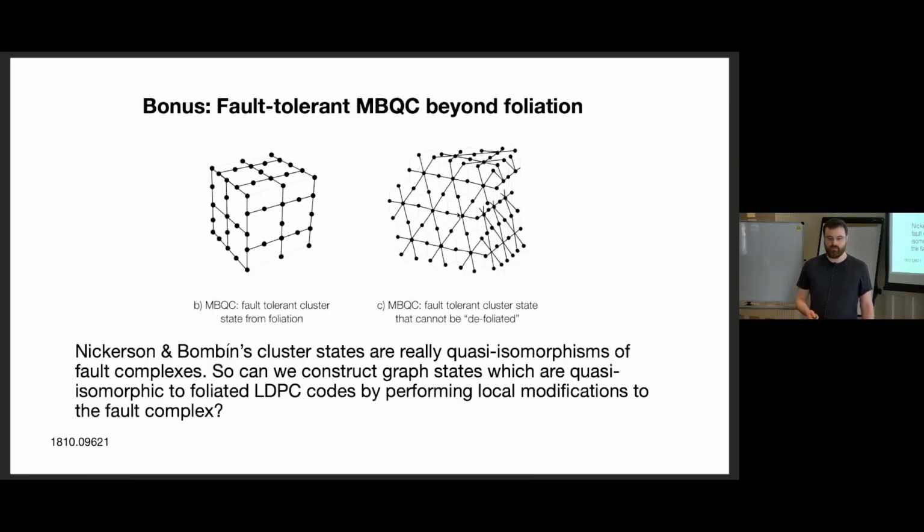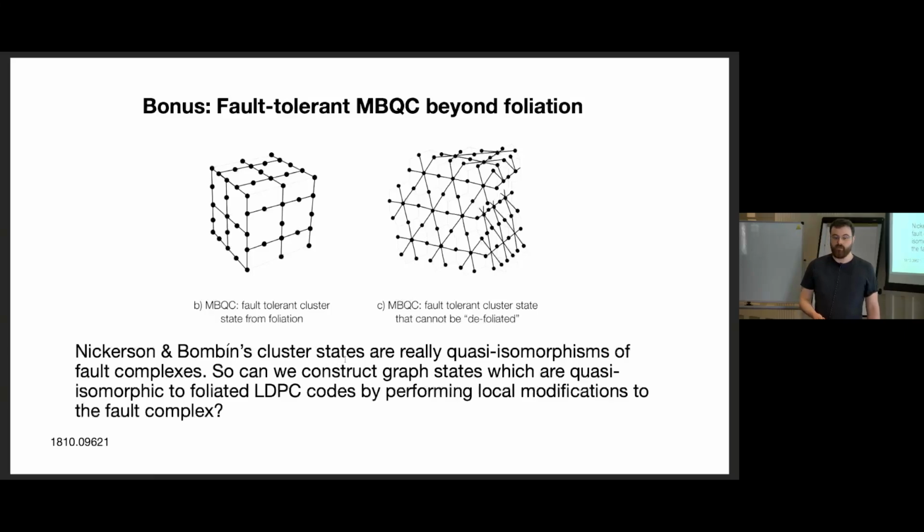What this is really doing at an algebraic level is taking some fault complex, and there is a quasi-isomorphism between them. So it's preserving the equivalence classes of logical faults and of logical qubits, but the local structure is quite different.